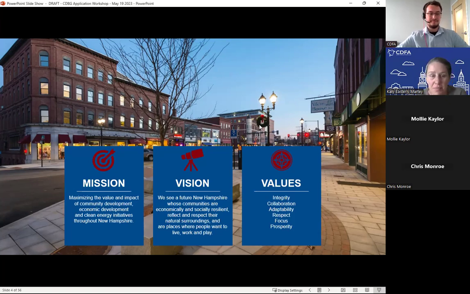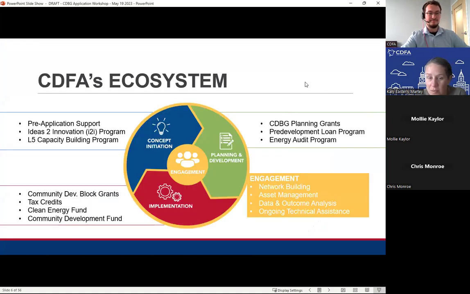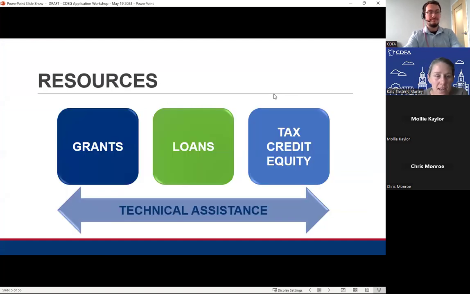CDFA invests in the people of New Hampshire by deploying a well-tuned, effective investment system, which we call our ecosystem, which I'll go through in just a minute, enabling partners to make transformative and sustainable changes in their communities, which I know you all are doing and are coming to us today to learn more about how we can support you in that work. We do that through the deployment of grants, loans, and tax credit equity.